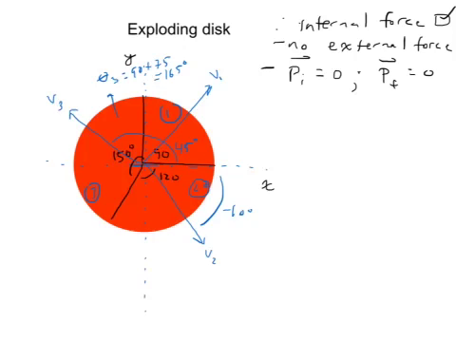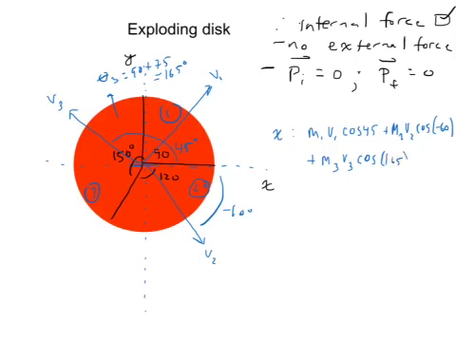And if we look in just the x direction, what we know is that mass 1 v1 cos of 45 plus mass 2 v2 cos of negative 60 plus mass 3 v3 cos of 165.